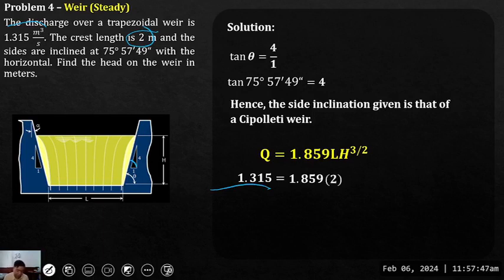And tapos yung H naman, that is the question. What's the head of the weir? So what is H? H is equal to 0.5 meters. Answer for problem 4.